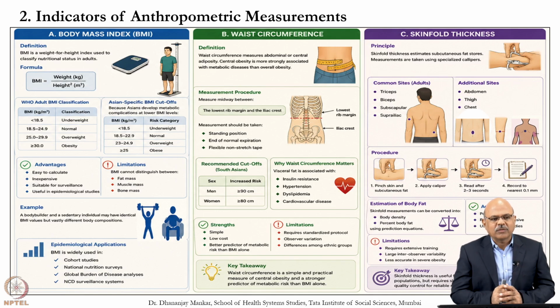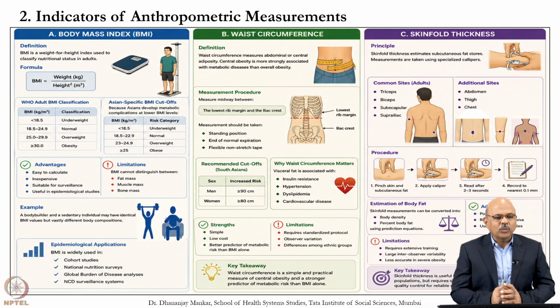Now we will see the classification of BMI, Asian specific and the WHO global one. For the global BMI, the classification is: if the BMI is 18.5 or lower, it is underweight. If the BMI is between 18.5 and 24.9, it is normal. When it is between 25 and 29.9, it is overweight.